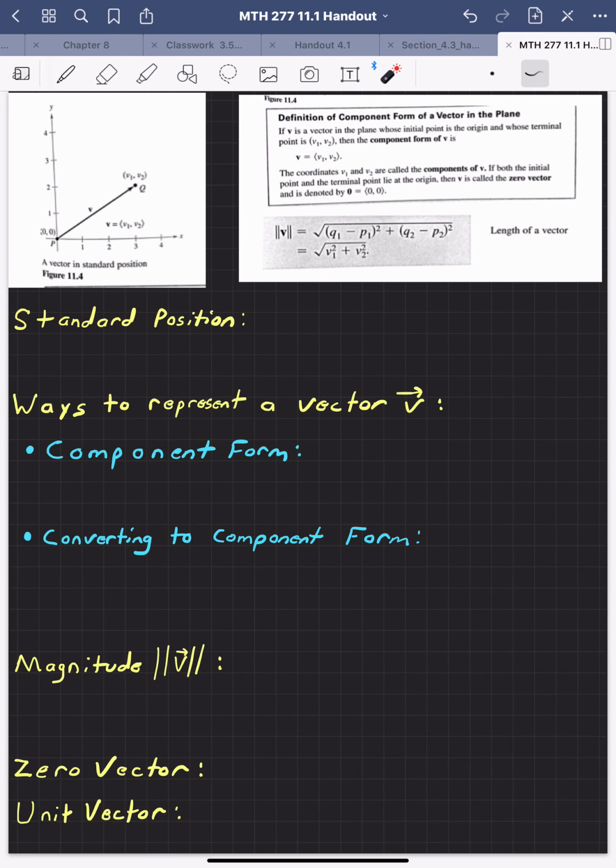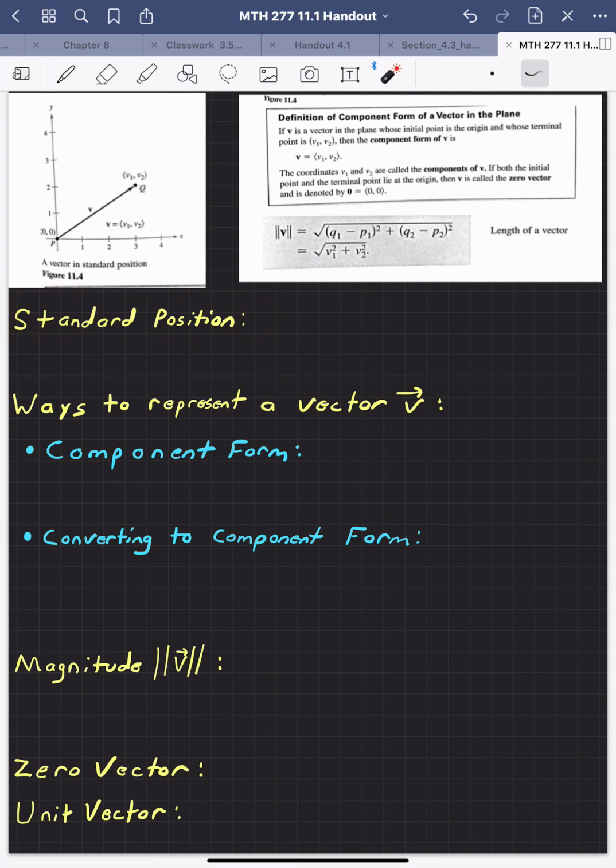Okay, a little bit of vocabulary that I want to make sure we have a good, strong command of before we move any farther. The first bit of vocabulary I want to make sure you understand is what we call standard position, the standard position of a vector.